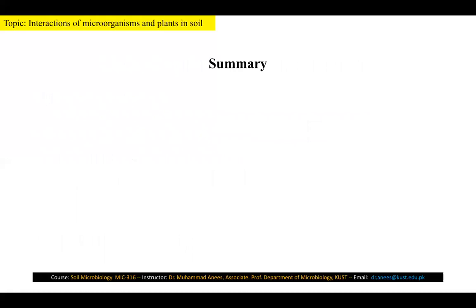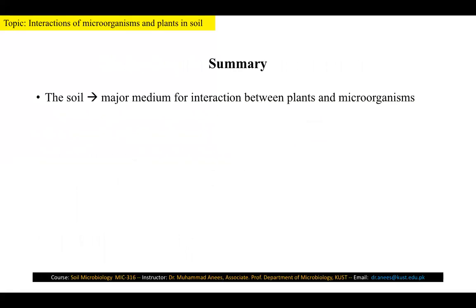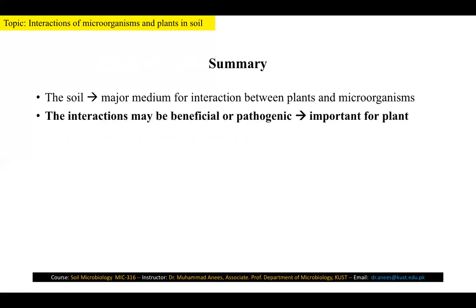Finally, I will summarize this lecture here. First, soil, as we discussed, is a major medium for interaction between plants and microorganisms. Interactions can be beneficial or pathogenic. In both cases, they are very important for plants for their quality and quantity of product.